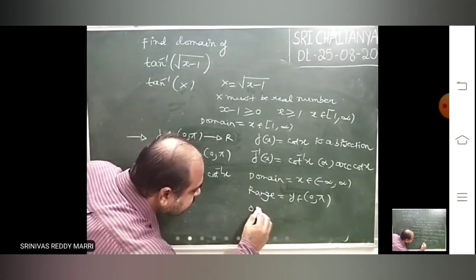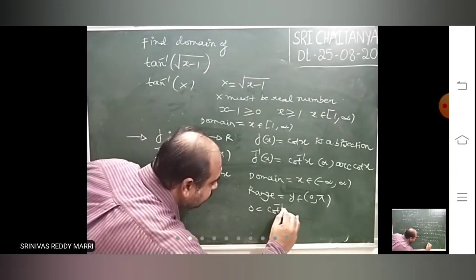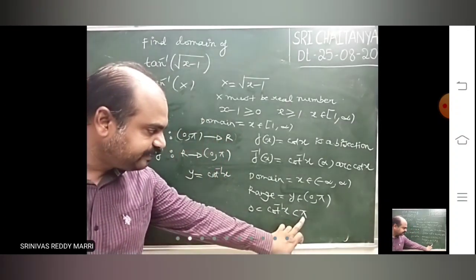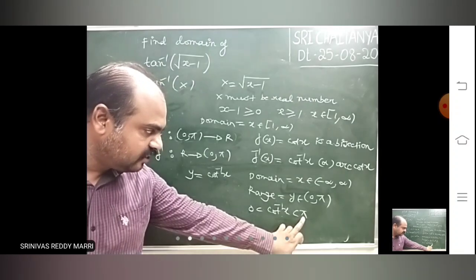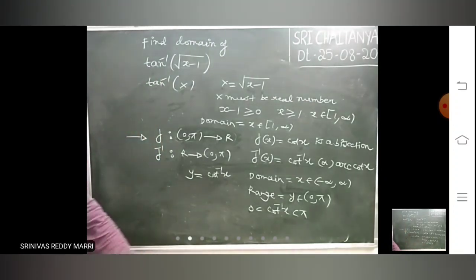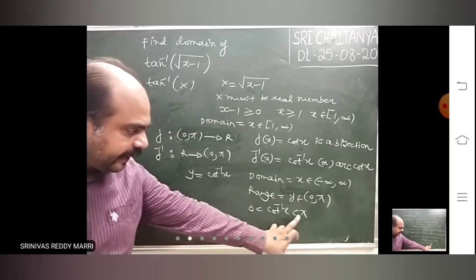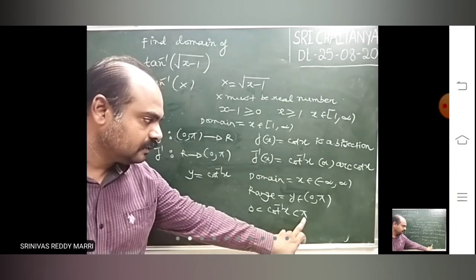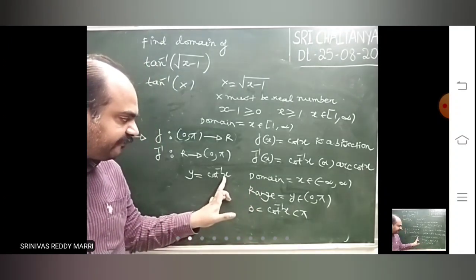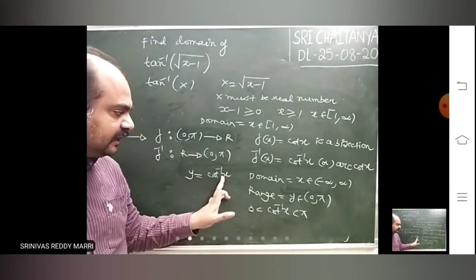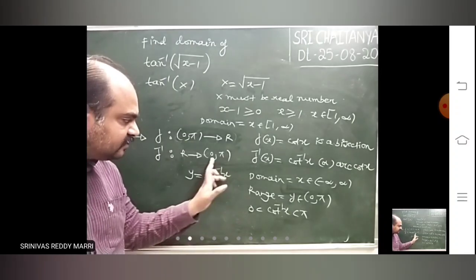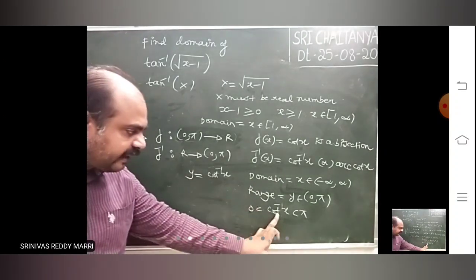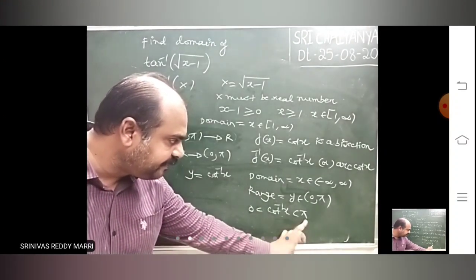That means cot inverse x always lies between 0 and pi, 0 open, pi open. Right? Domain means it will be defined for any real value of x. Range means the cot inverse x values: if you substitute real values, you will get y values, and those y values always lie between 0 and pi.